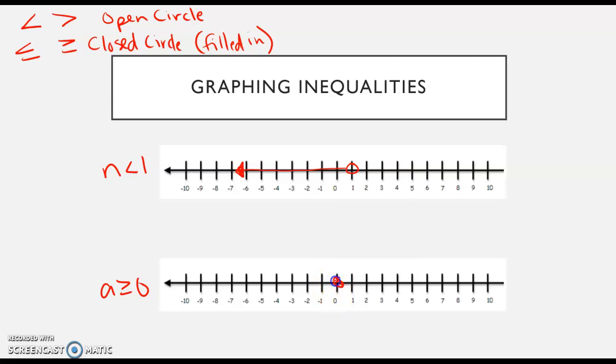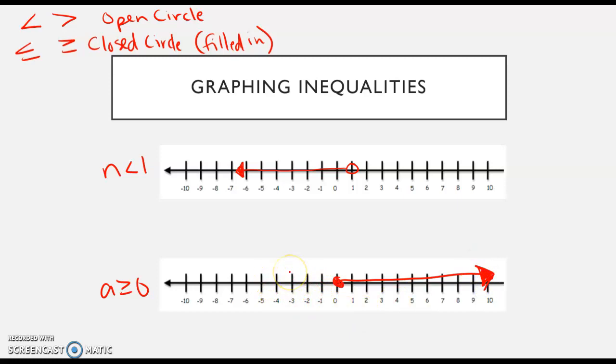All right, so we fill in the circle, and then greater than 0 would be all the numbers bigger than 0. And we draw our arrow this way.